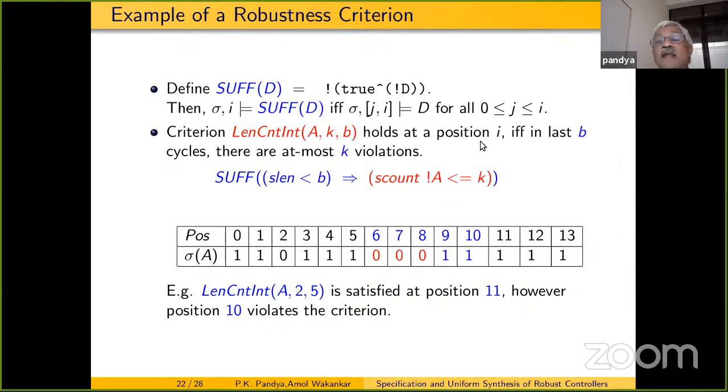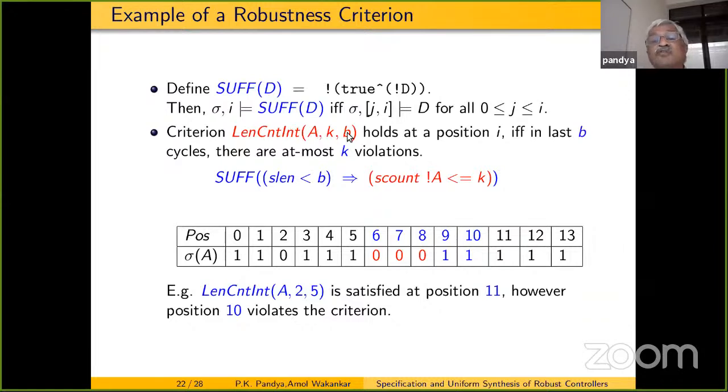That is, in the last b cycles, I should have at most k violations of my assumption. It doesn't matter what happened beyond the last b cycles.